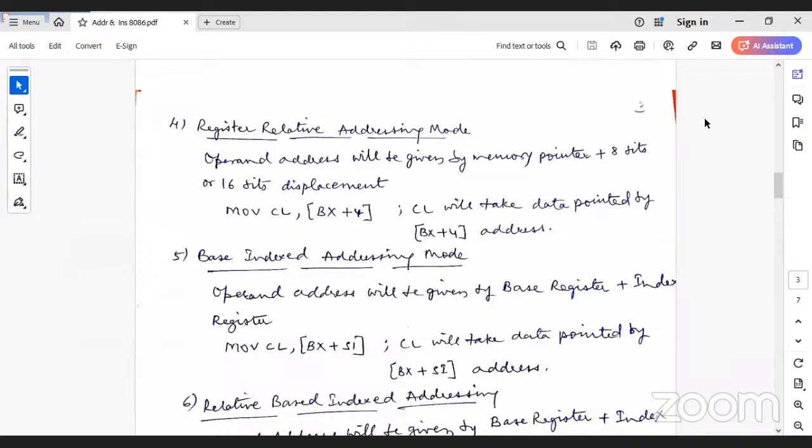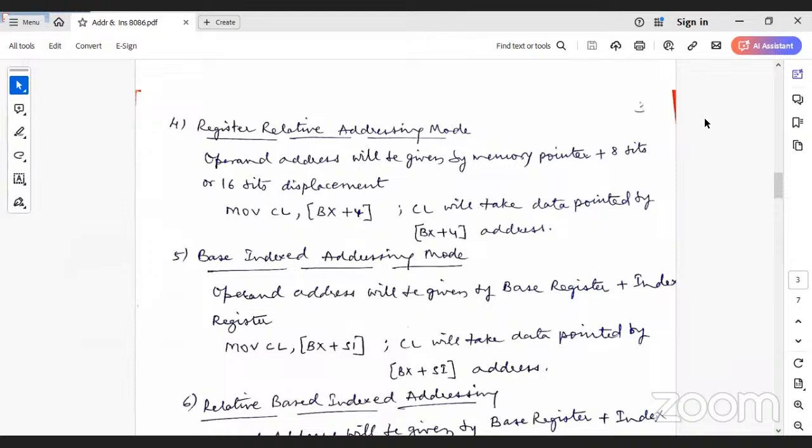Now register relative means the memory pointer here is BX. BX register will have the address of the memory location. To that, you are still adding another 4. You can like this add either 8 bits or 16 bits also.